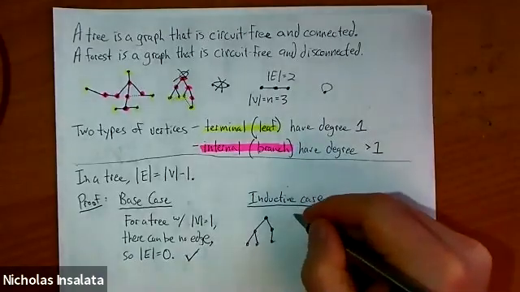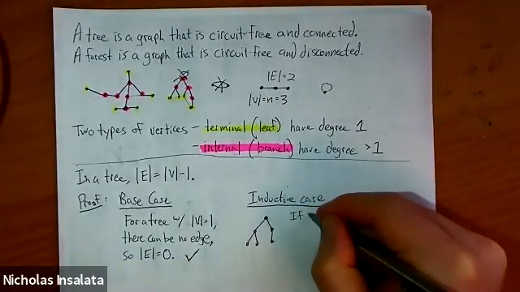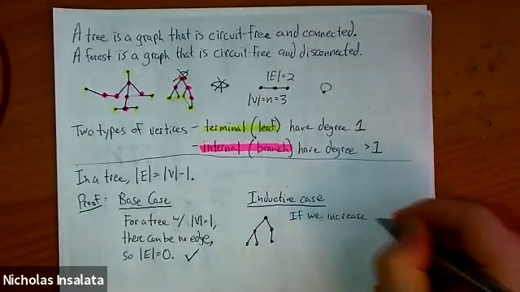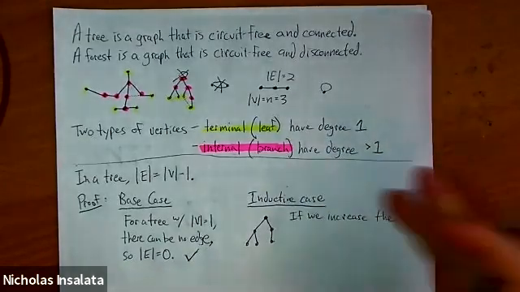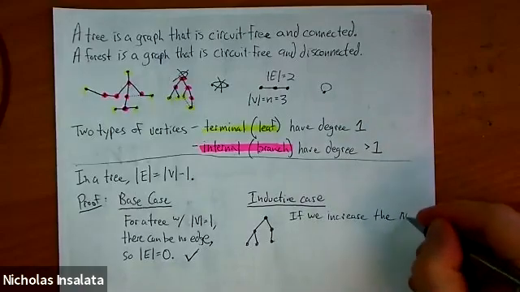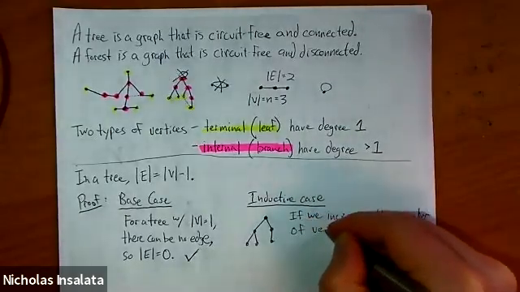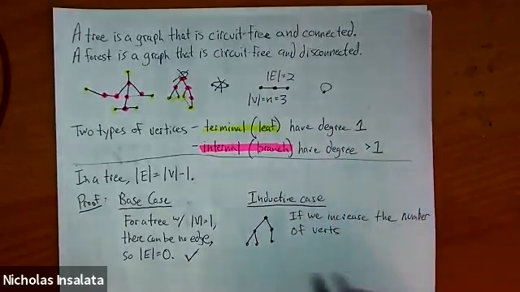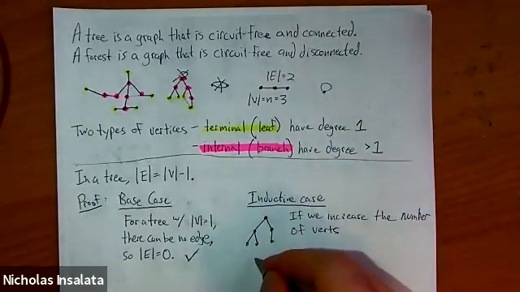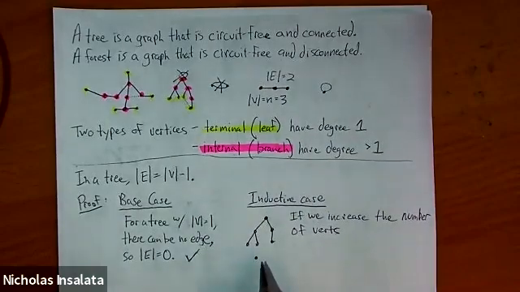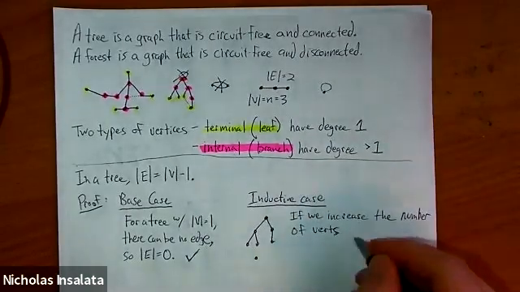So if we increase the number of vertices, okay, let's add a new vertex right here. Well, if we add a new vertex, what do we know?